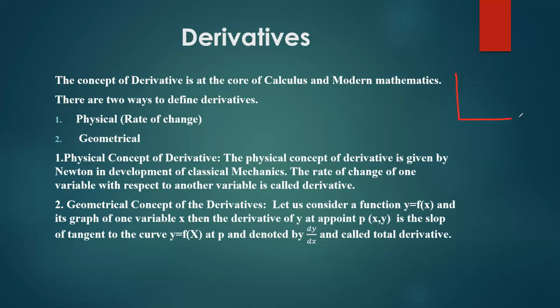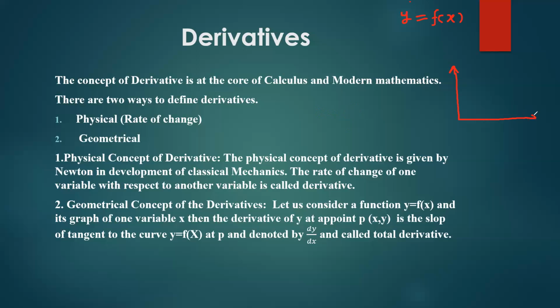Suppose we have a function y equal to f(x). Do you know if we draw a 2D curve, which variable we take on x-axis and which variable we take on y-axis? If you don't know, I will tell you.